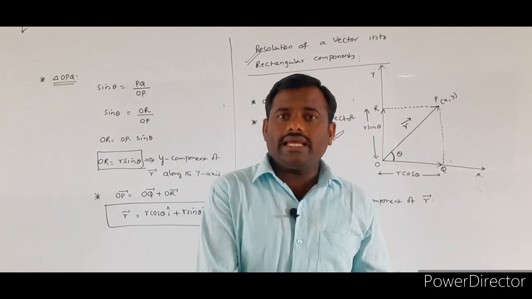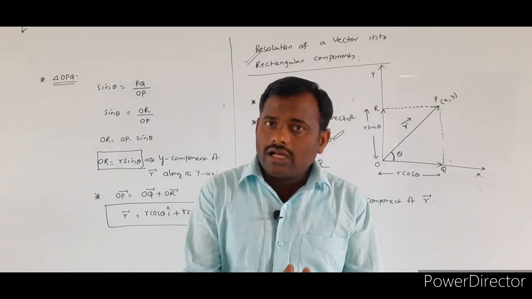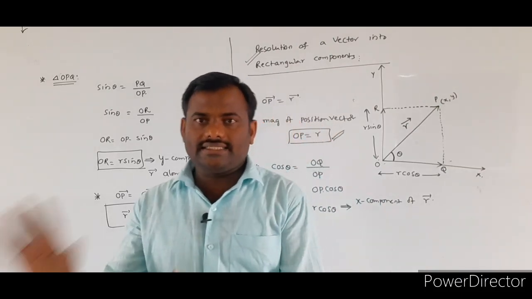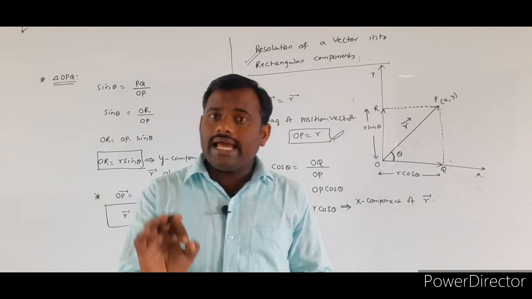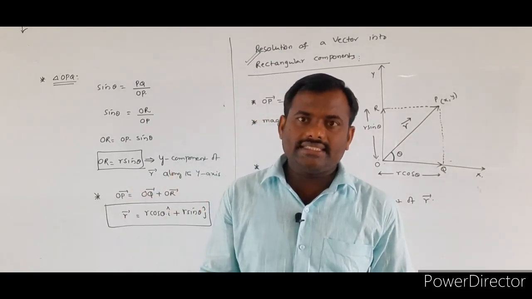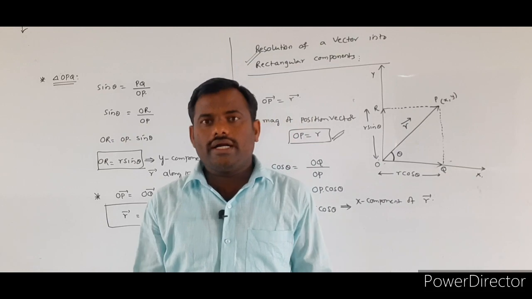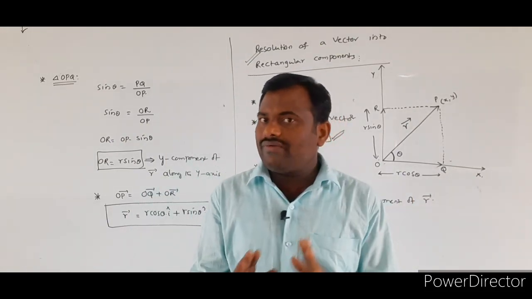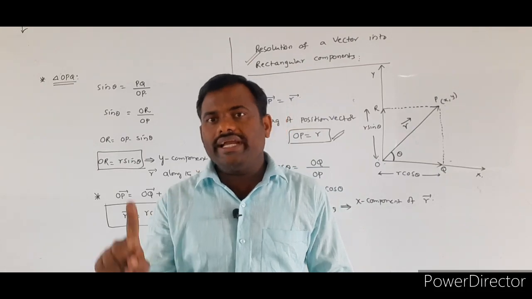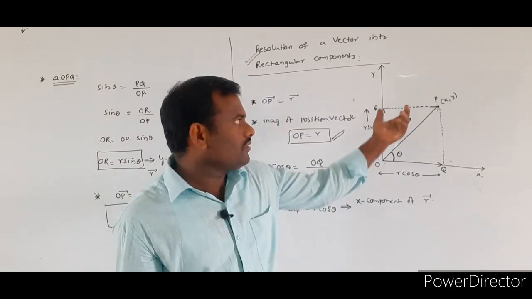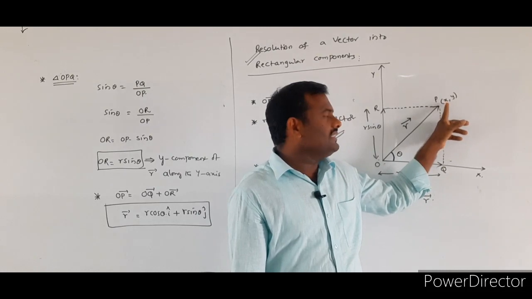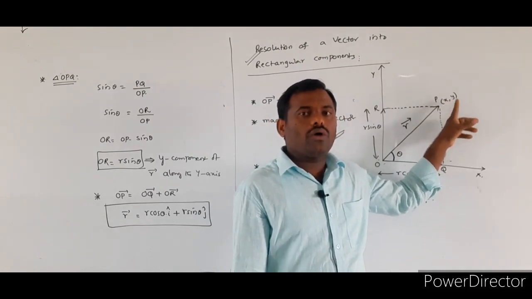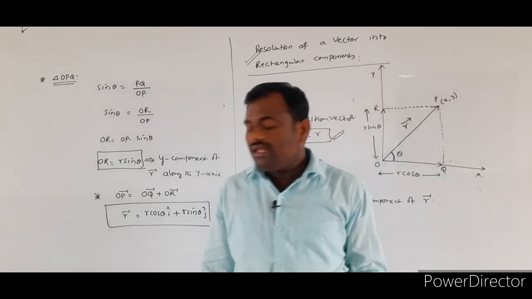There, x i cap is indicating the rectangular component along the x-axis, and y j cap is indicating the rectangular component along the y-axis, whenever the coordinate system is given. So the position vector is measured in terms of the coordinates x comma y.